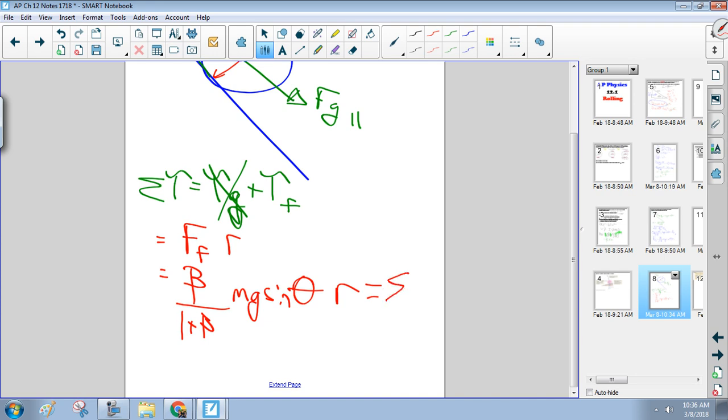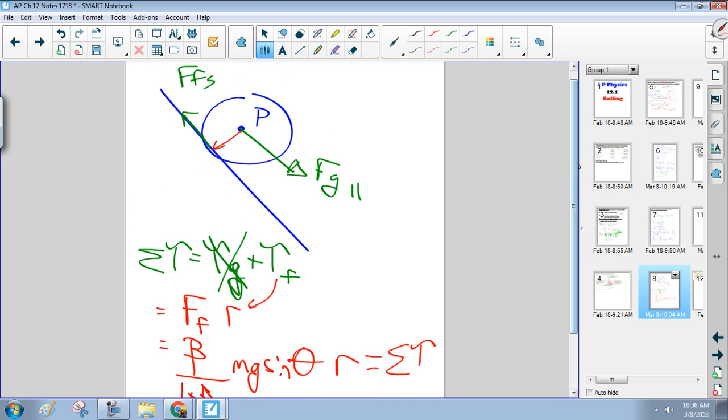What is that? Torque is force times distance. So I found the torque of friction by doing force of friction times radius. Why did you cancel the torque of gravity? Somebody help out. Why is the torque of gravity 0? Because your lever arm is 0. So remember, torque is always force times distance, right?